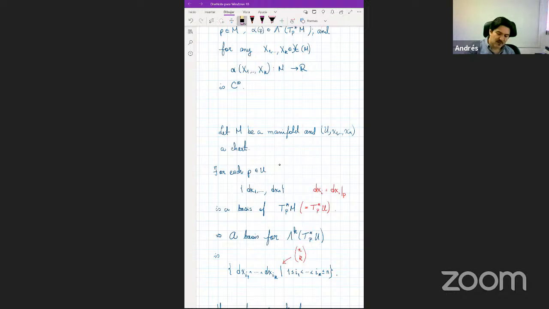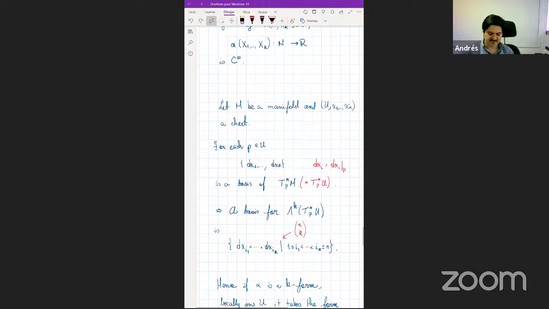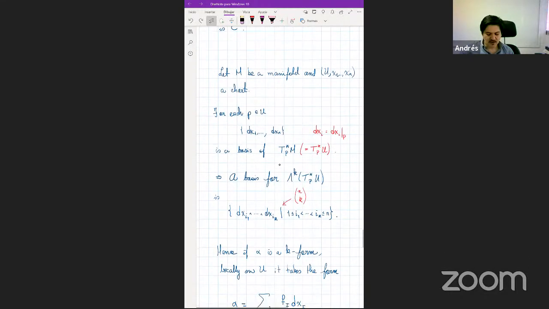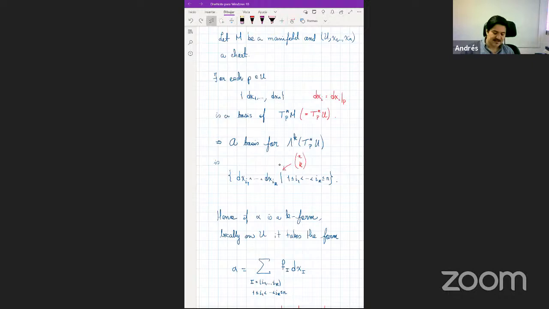Okay, and well, we're not going to use this, but if I have different coordinates, how they change between one and the other is something that is interesting to see, but I'm not going to cover that here for today. So locally, if I have a K-form on the chart, the K-form looks like this.